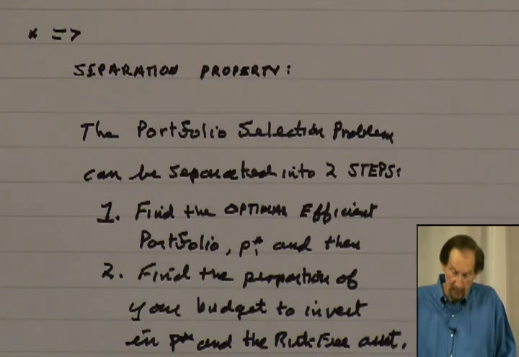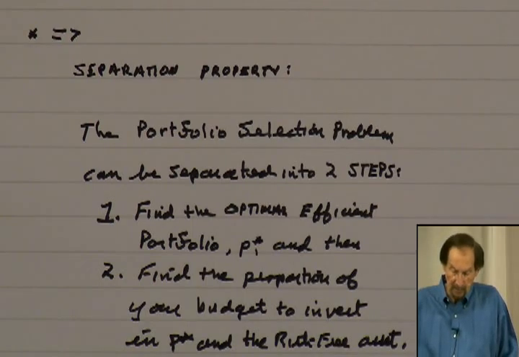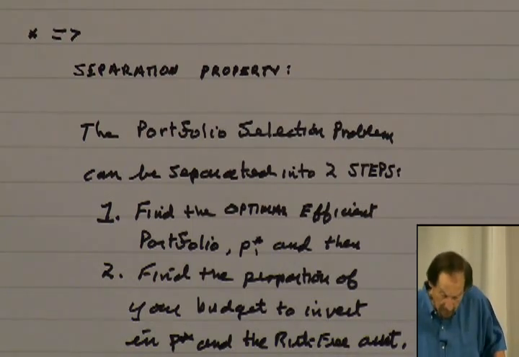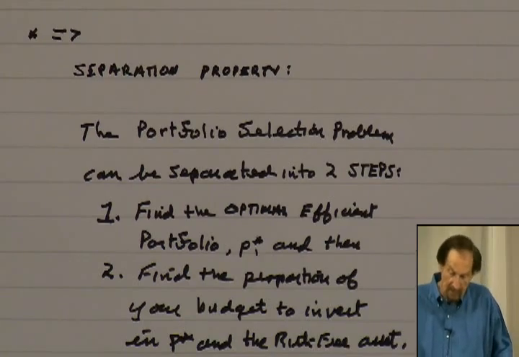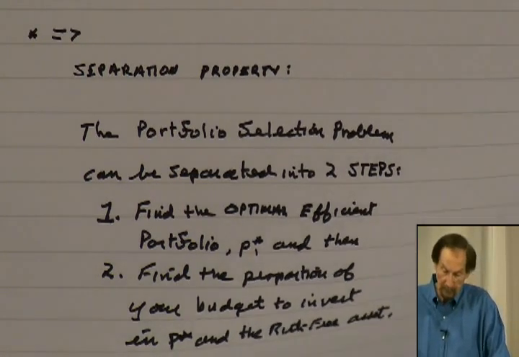So if you're very risk averse, you may have a higher percentage in the risk-free asset. If you're less risk averse, you'll have a higher percentage in the optimal portfolio. So that makes life a lot easier for us.